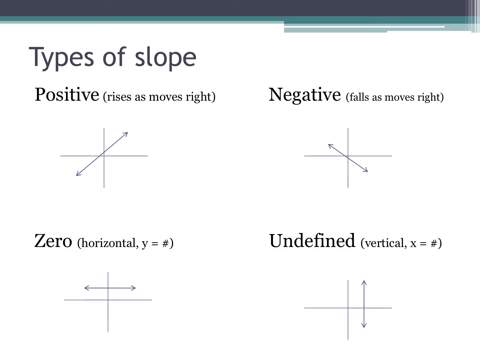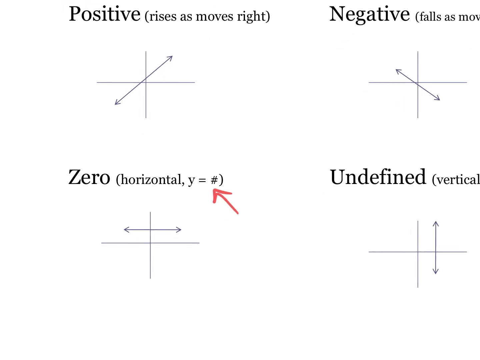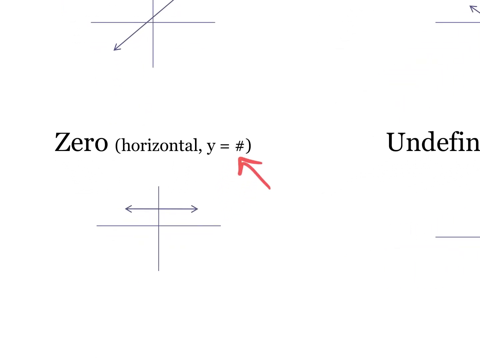Now, when you're given an equation, the zero slope line, or the horizontal line, is just going to be the equation y equals a number. So let's say this is at the number 2 here. Let's say this is 1 and 2. This line that's graphed would be the equation y equals 2.